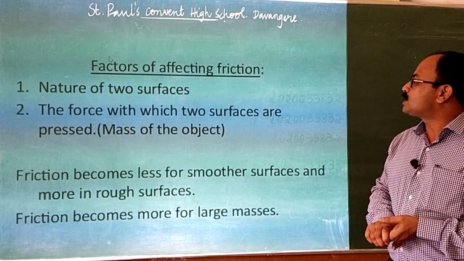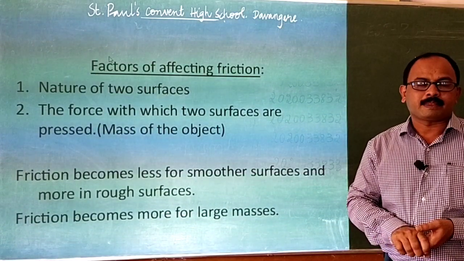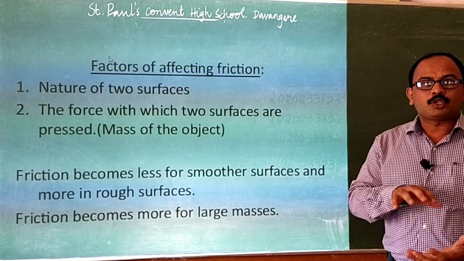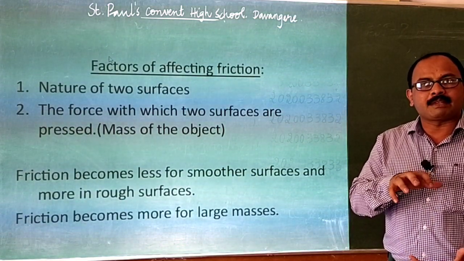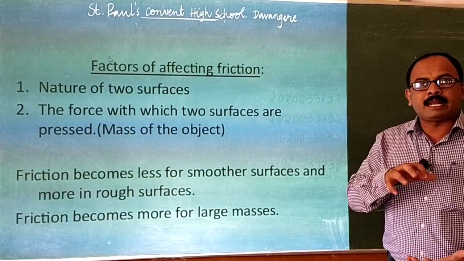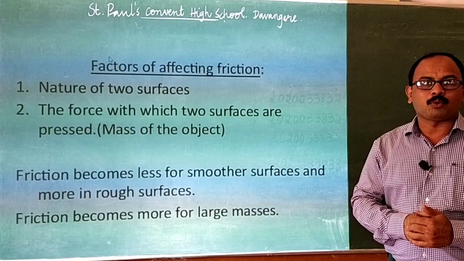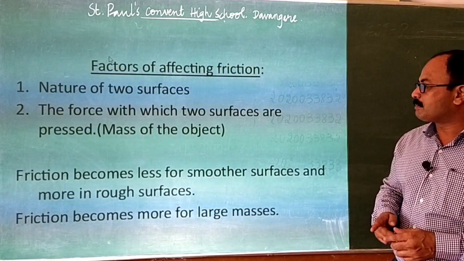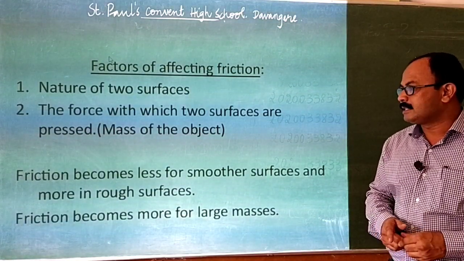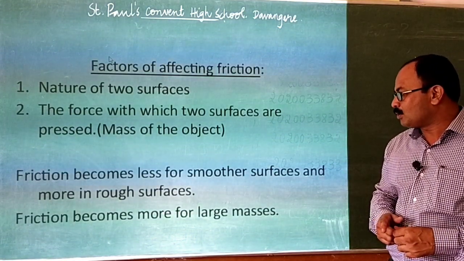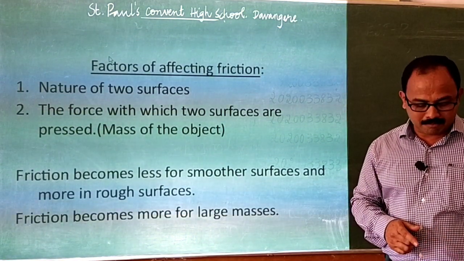Then the force with which two surfaces are pressed, nothing but the mass of the objects. If two objects having heavy mass are placed one above the other, then the friction becomes more. That's about friction becoming less for smoother surfaces and more for rough surfaces. Friction becomes more for large masses.